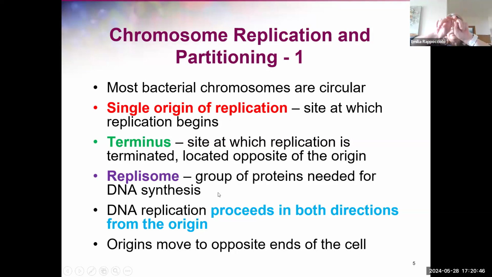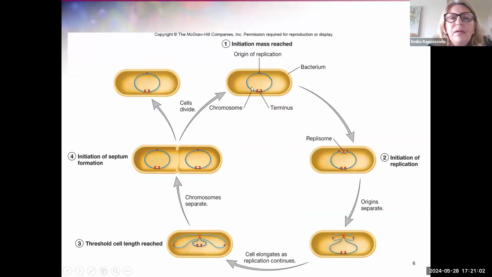And as I said, DNA replication goes in both directions. So it starts at the single origin of replication, and then it goes left and right to meet at the terminus. So here there is the drawing showing, here is the origin of replication, here is the terminus.